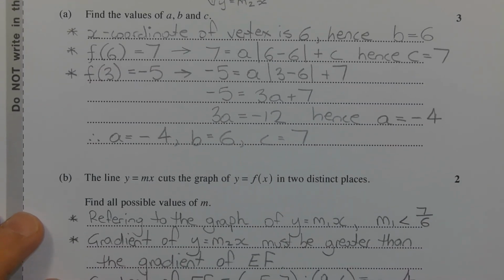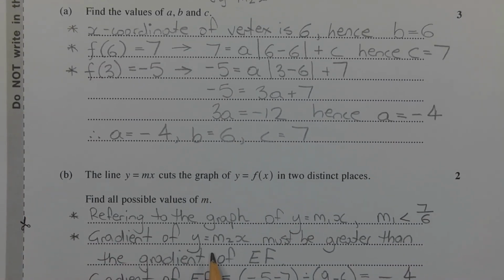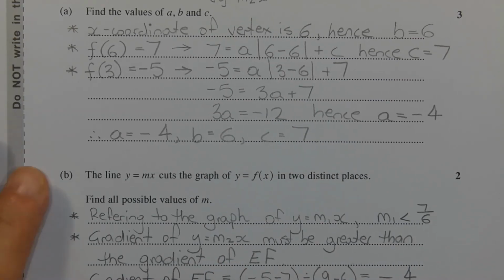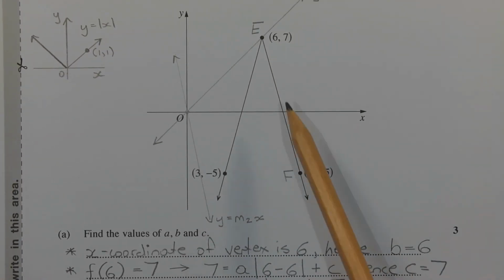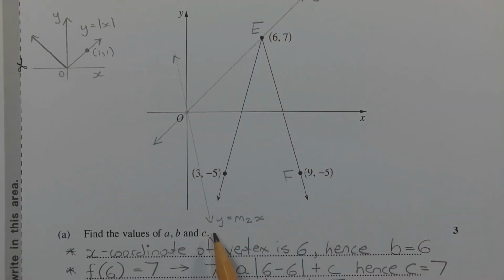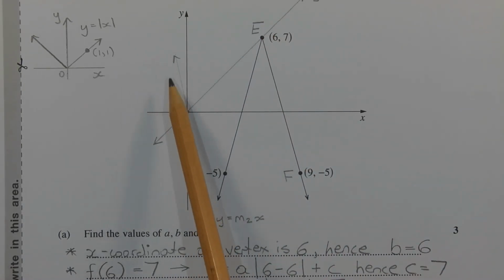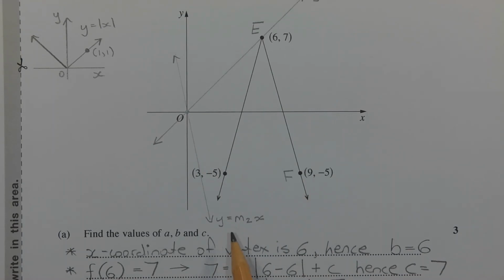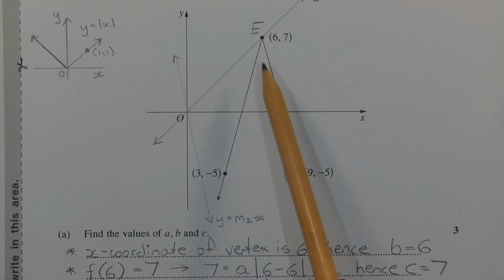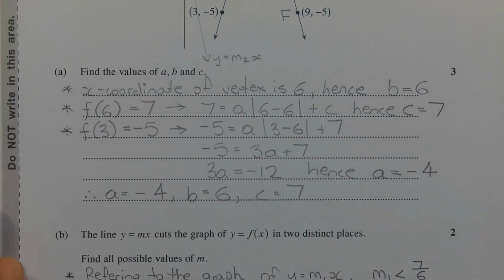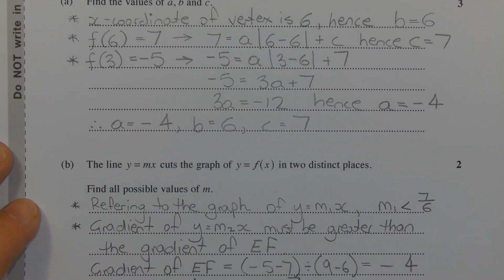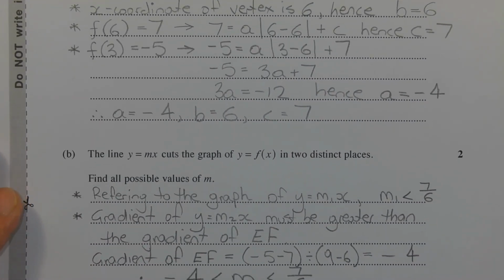Now, I made the point earlier that the gradient of y equals m2x must be greater than the gradient of EF. So this is EF here, and the gradient of this line, which at the moment is parallel to EF, must be greater than the gradient of EF. We can work that out using the gradient formula, y2 minus y1 divided by x2 minus x1.